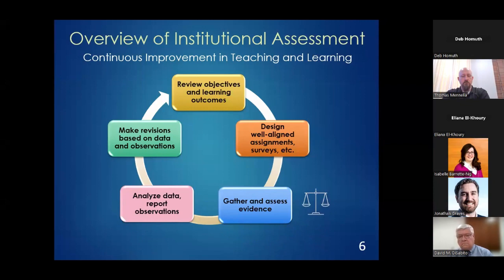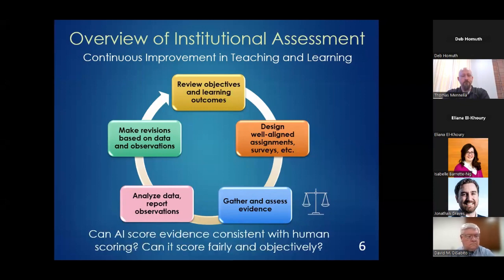We also wonder about keeping things fair and equitable. Can artificial intelligence help us score evidence consistent with human scoring? So can we try to do this in a fair and objective way and handle in some way that issue of unconscious bias that we said was one of the common challenges?